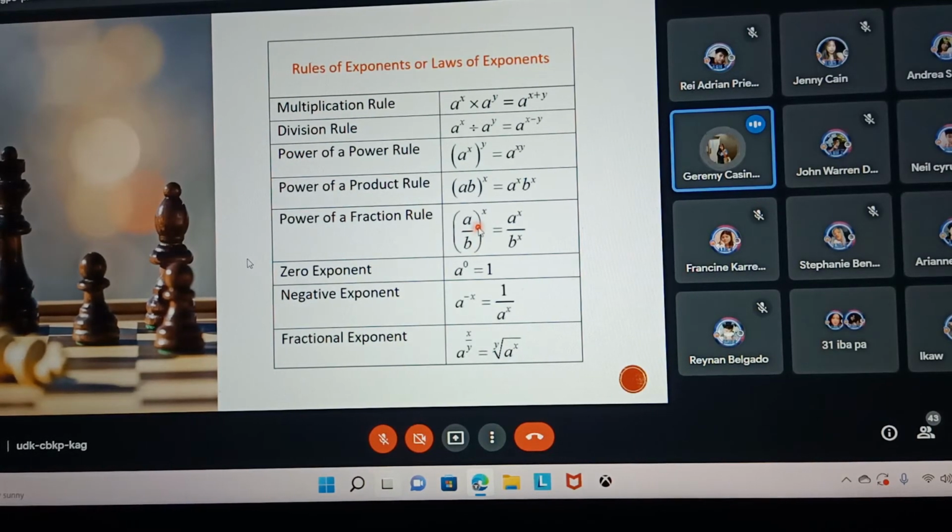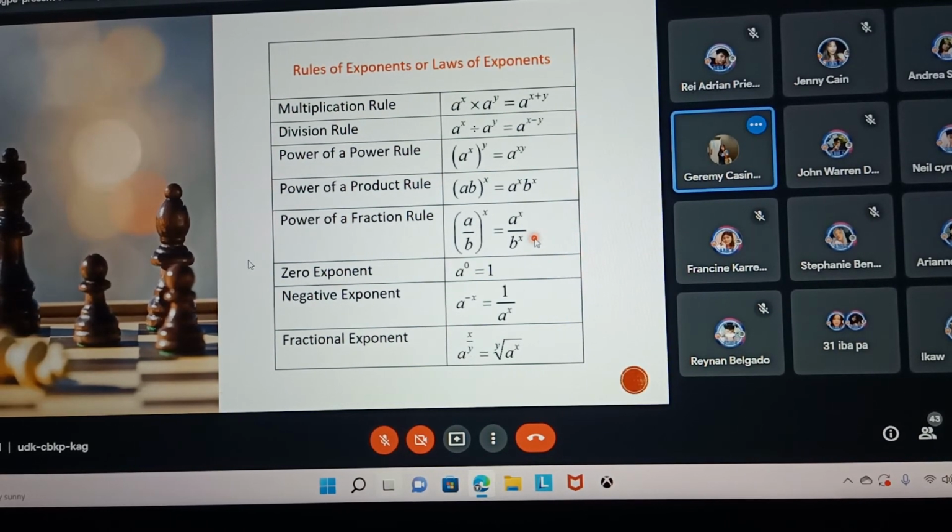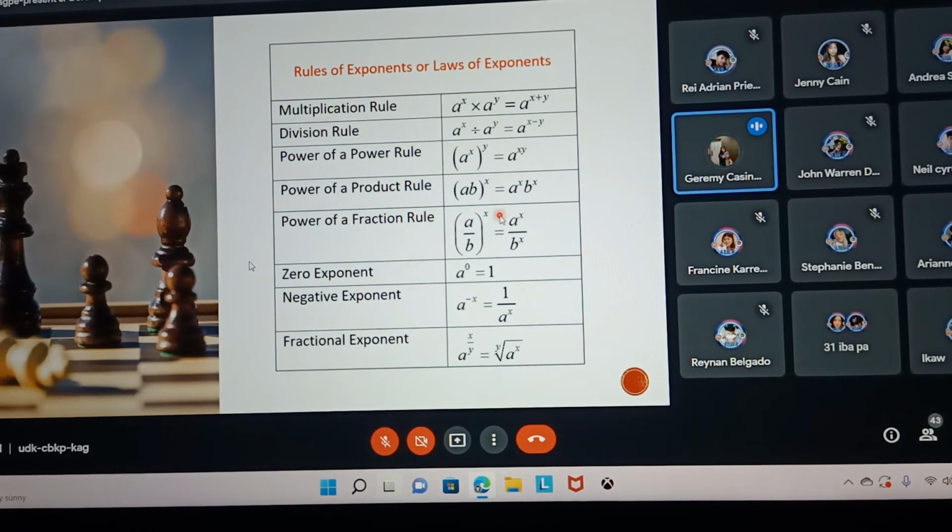Okay, so we have quantity a over b, quantity raised to x. As you can see, distribute natin yung exponent natin sa ating numerator and denominator. So we have now a raised to x over b raised to x. For example, x over y, quantity raised to x. So magiging x raised to x over y raised to x.